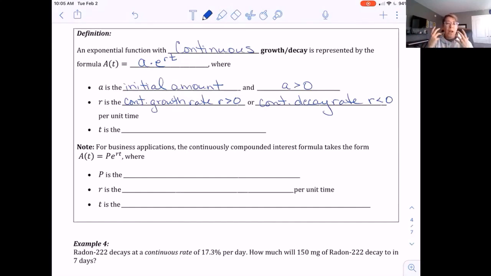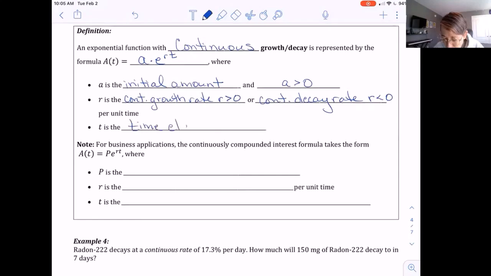They're continually growing, your hair, your fingernails. So whenever we're dealing with a continuous growth or decay, we generally use this formula. We can convert it from a continuous to an annual, but it depends on how they're giving us the information as to which formula we're using. And again, T is the time elapsed.